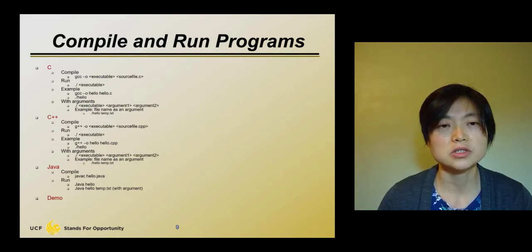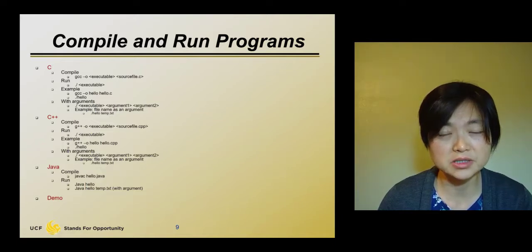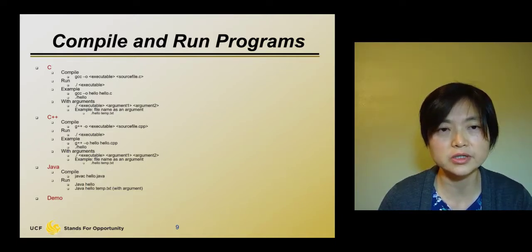Then -o, meaning you will enter an executable name here. Everything here, the -o and the executable, is separated by a space, and here is another space. Then you enter your source file.c. So if it's a C file, you use source file.c.